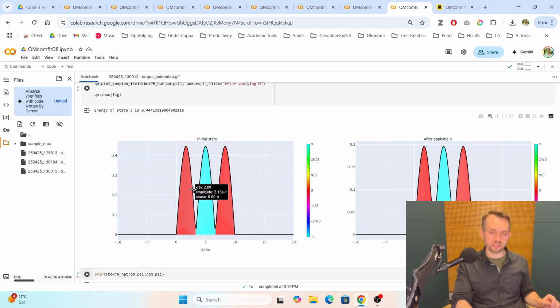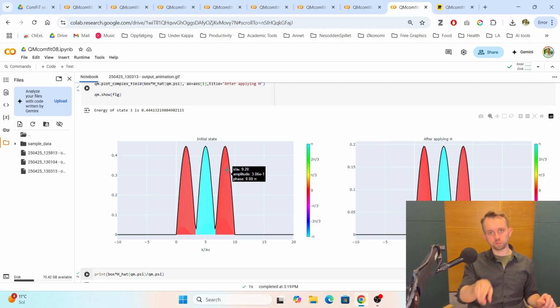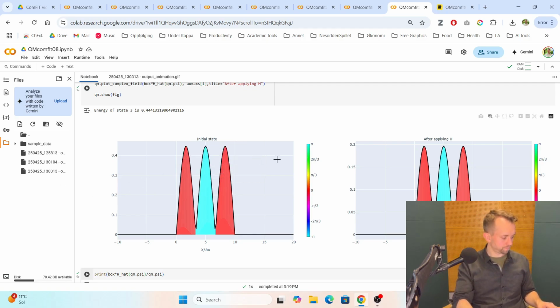In fact, it's almost exactly the same, because what you're looking at in the middle here is a function where the phase is pi, which means that this is just a negative number. So we have positive, negative, positive. So it's like a sine wave that goes like this.